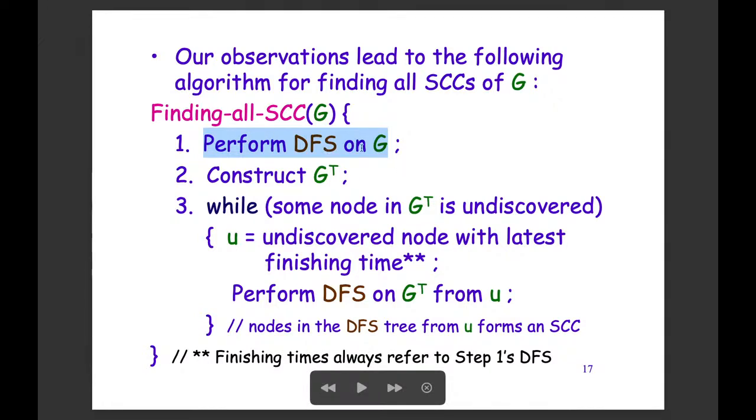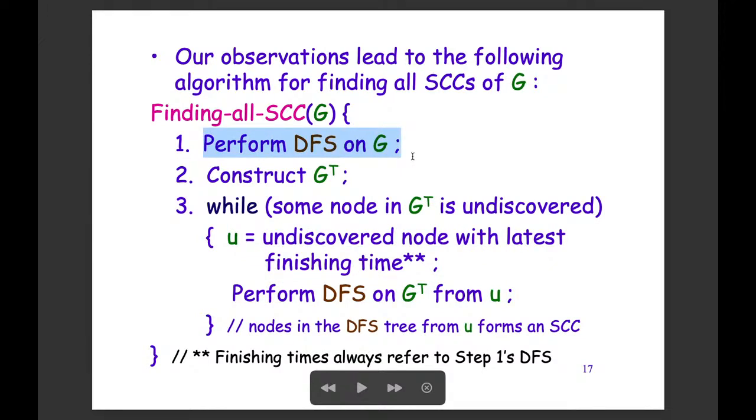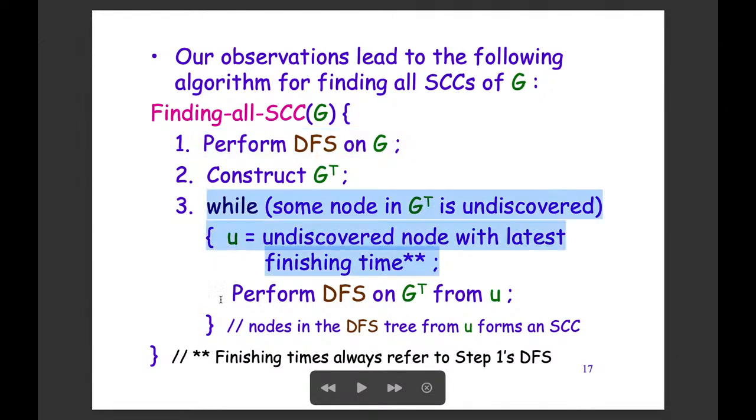So in such a case, we do not need to do searching. The searching is done by maintaining the list of nodes with finishing time here. So this can be extracted in amortized constant time. So in the end, this while loop is just simply the DFS on the graph GT. So it also runs in V plus E time.